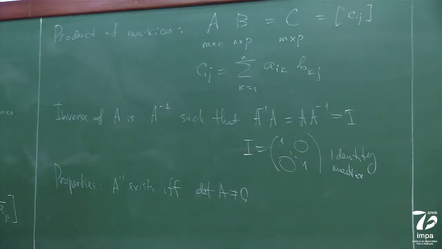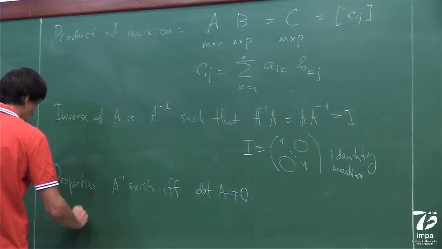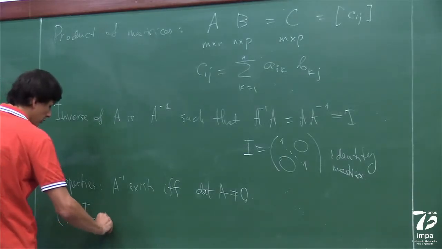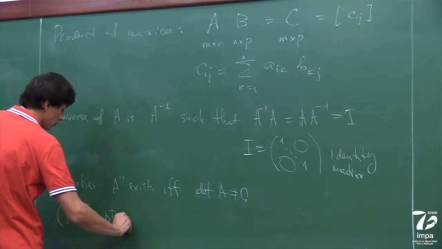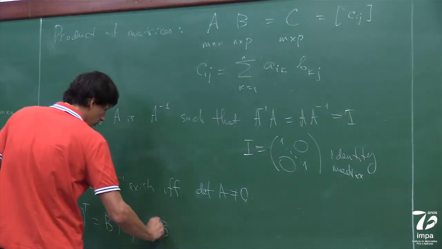And there are also combinations of these properties. For example, if you take a product and take the transpose, it's the product of transposes taken in inverse order.